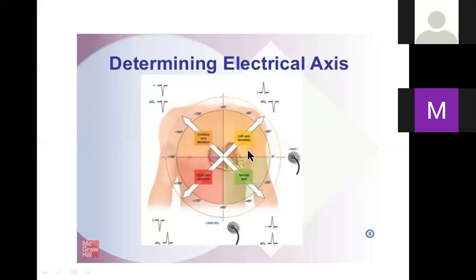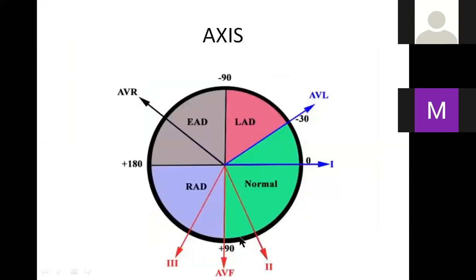Okay, this is the normal axis, minus 30 to 90. Lead 1 positive, lead AVF positive. Left axis deviation, left leaves: lead 1 positive, AVF negative because it is going away from AVF. Right axis deviation, right reaches: lead 1 negative, AVF positive.